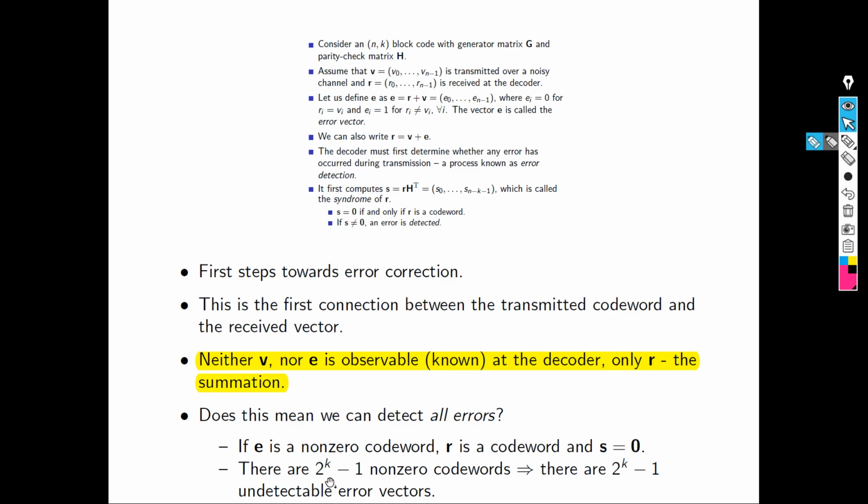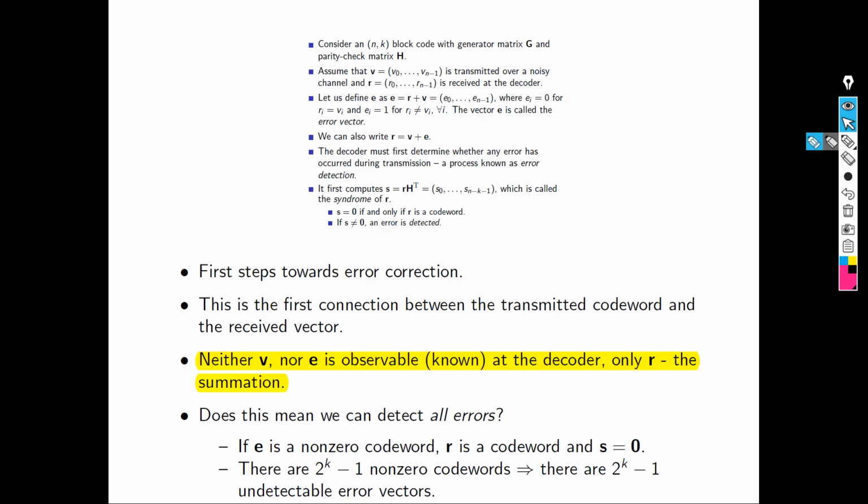And this means that there are 2 to the power k minus 1 non-zero code words. There are 2 to the power k minus 1 undetectable error vectors. Okay? Where is that coming from? Because we said we have 2 to the power k messages, but the number of different error codes is 2 to the power n, and you are not using all of them.